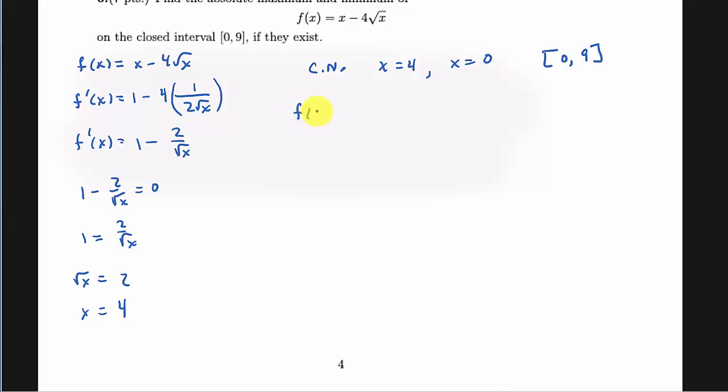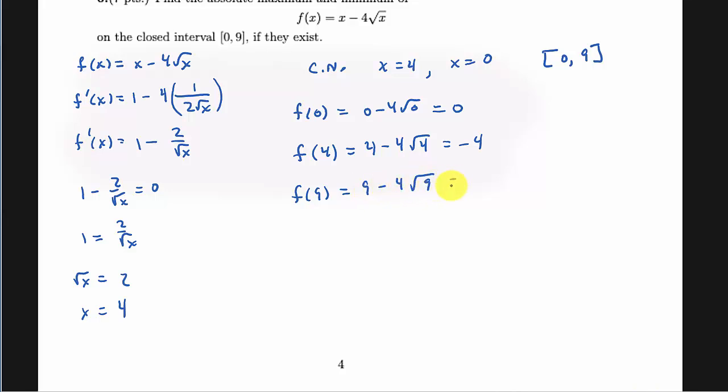So we've got to find f of 0, which is 0 minus 4 square root of 0, which equals 0. And then we've got f of 4, which is 4 minus 4 times the square root of 4, which is negative 4. And f of 9, which is 9 minus 4 times square root of 9, which is negative 3.